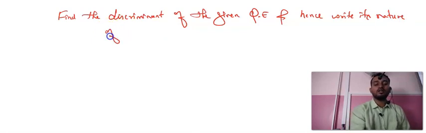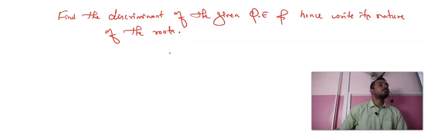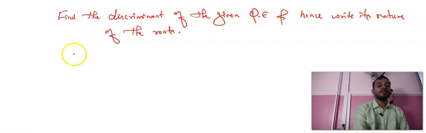Do you remember? And hence write its nature of the roots. First you should write the discriminant and then you have to find the nature of the roots. Got it? Example, let me take some example.